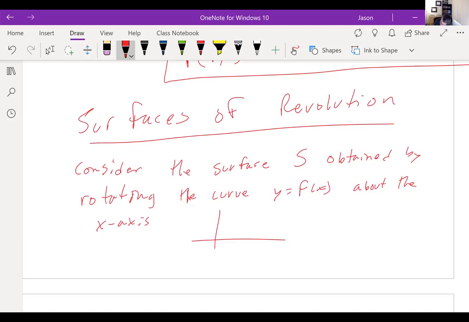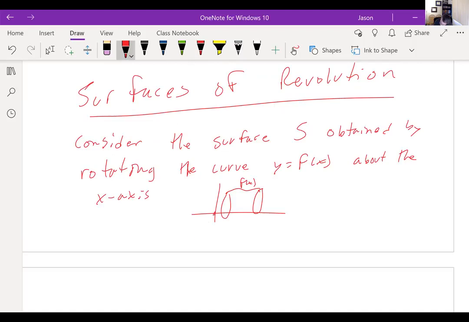So I have some sort of function being rotated about the x-axis. There should be x, y, and this is z.